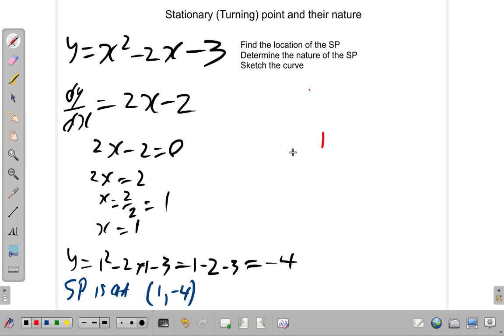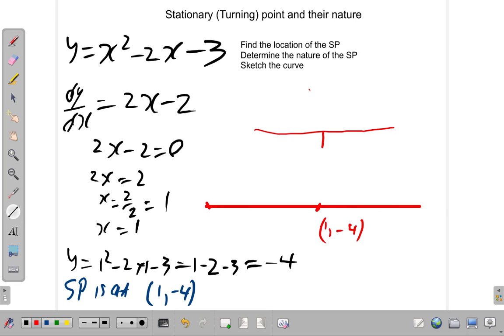When x is 1, y is negative 4. We can imagine we have an x-axis here. So this is where we're at: (1, negative 4). And we have a line. Let me draw a straight line, an imaginary line here through (1, negative 4).